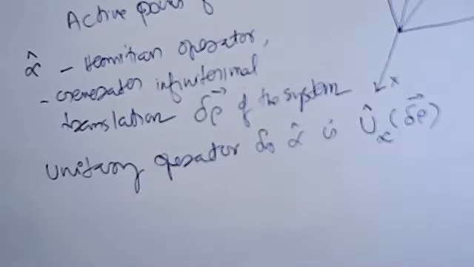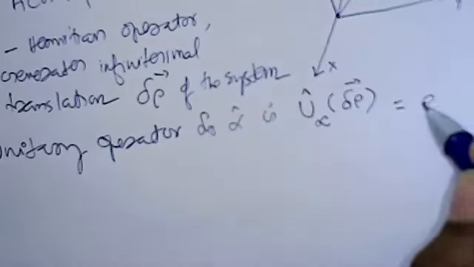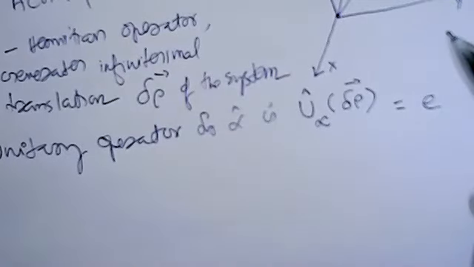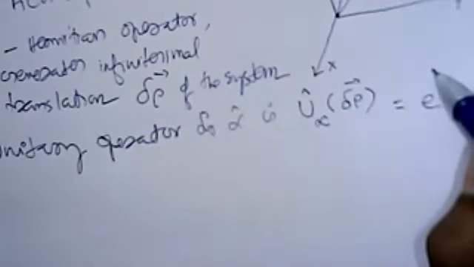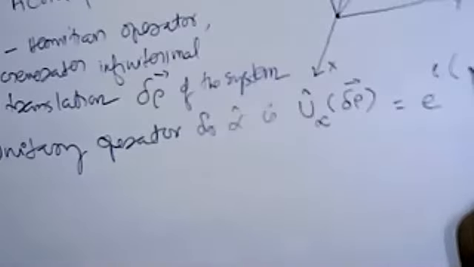Okay, so this can be represented as U alpha. You can write it as, yesterday we have seen, and also in the last chapter, e to the power of plus or e to the power of minus, whatever you choose, e to the power of i into epsilon alpha.